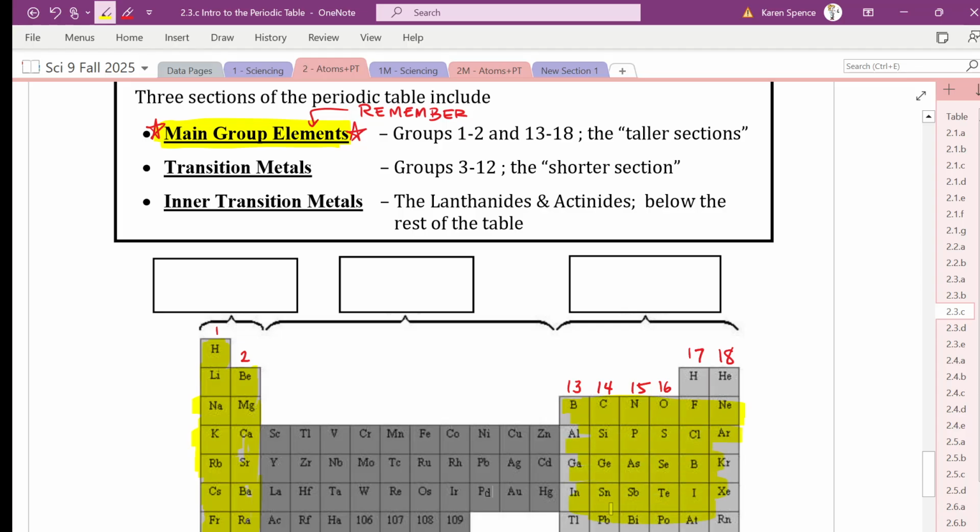That's why it's a little tricky, because they're split in half. Who's in between the main group elements? Transition metals. So we have main group elements.